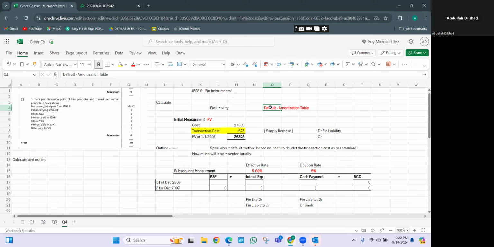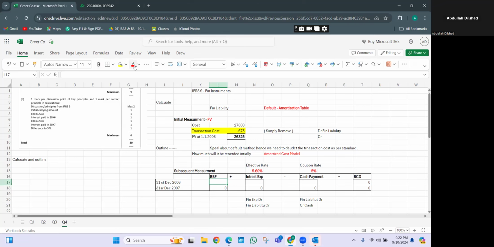So that also you could mention in your outline, amortized cost model. This can be mentioned in your answer script, because then it makes sure that you don't only know how to calculate, but you know what is exactly happening behind those calculations as per IFRS 9.